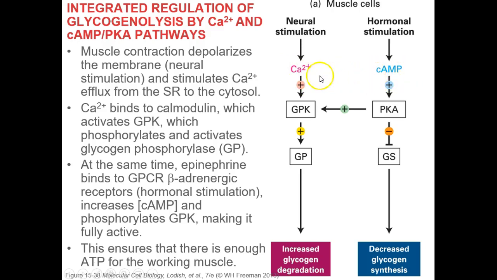So we have both cyclic AMP and calcium collaborating to fully activate glycogen phosphorylase kinase, because when the calcium concentration goes up, that's going to activate that delta subunit, the calmodulin, and that will result in fully activated glycogen phosphorylase kinase. So we will really get glycogen breakdown, which is what we need to do when we are exercising.